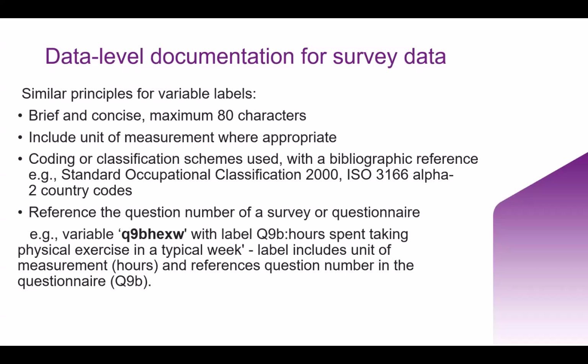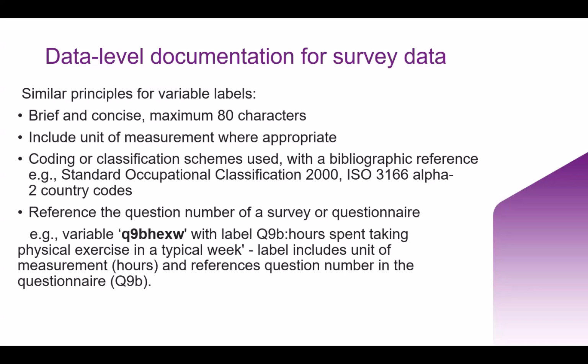Again, if applicable, describe the coding and classification scheme that's used, including a reference. For example, the Standard Occupation Classification 2000, SOC 2000, would be used if that fits. Finally, include a reference to the question in the survey or questionnaire.